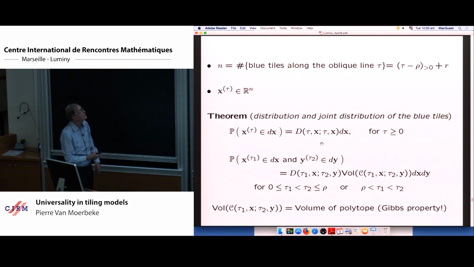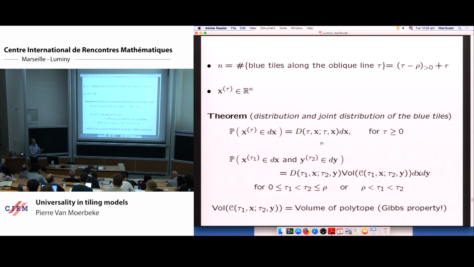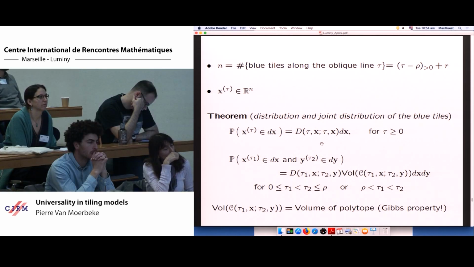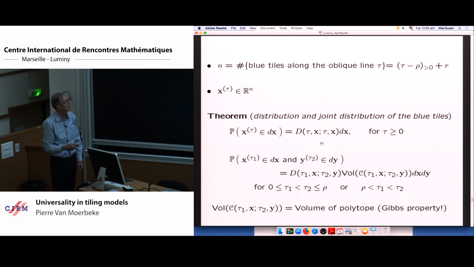You find that the probability is equal to a certain expression d. If I take 2 points, tau1 and tau2, which are inside the strip, or 2 points outside the strip, then you find that same function d times the volume of a certain polytope. That shows that this system has the Gibbs property.